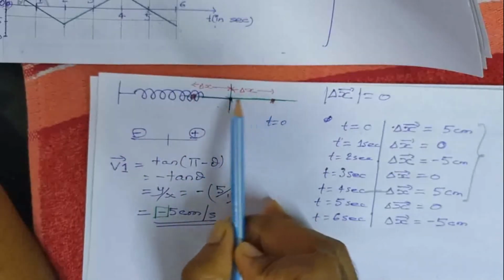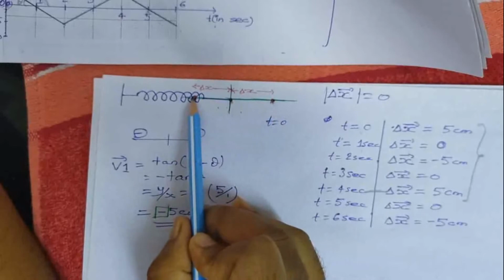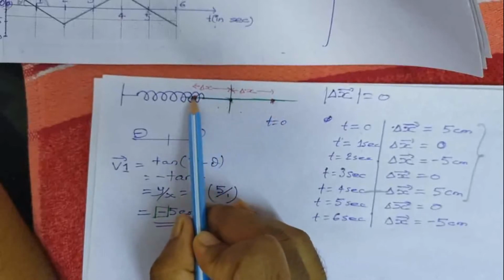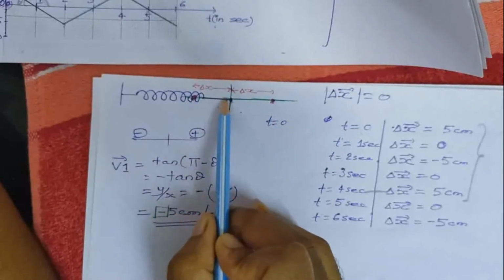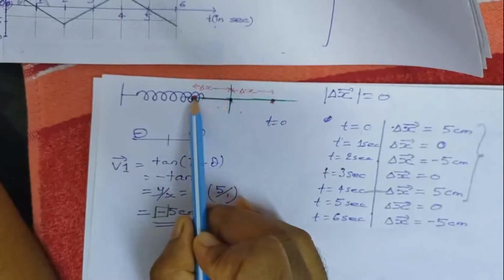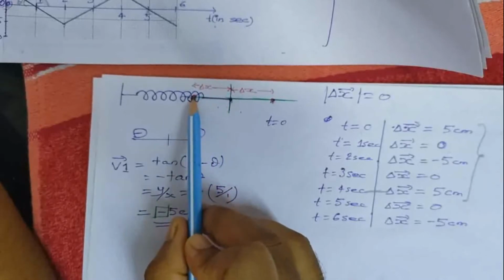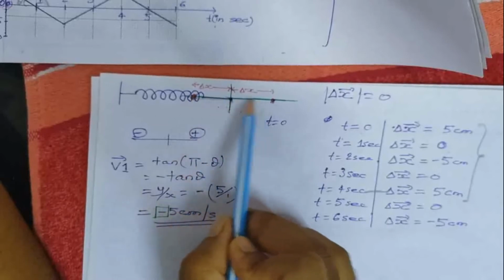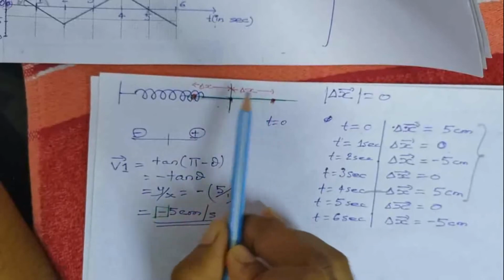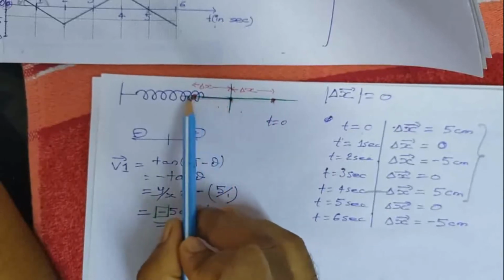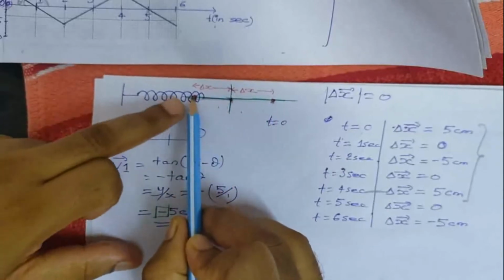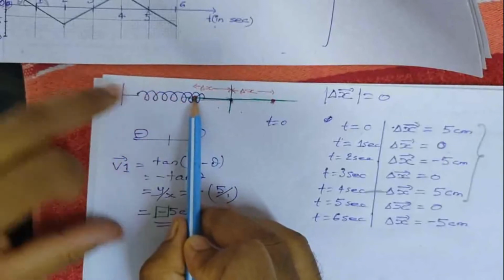After reaching here, what is the velocity? Once it reaches here, the velocity will keep on decreasing. The velocity will become zero, and now this open end will start moving in this direction. So at time t equal to 2 second, the velocity is 0.